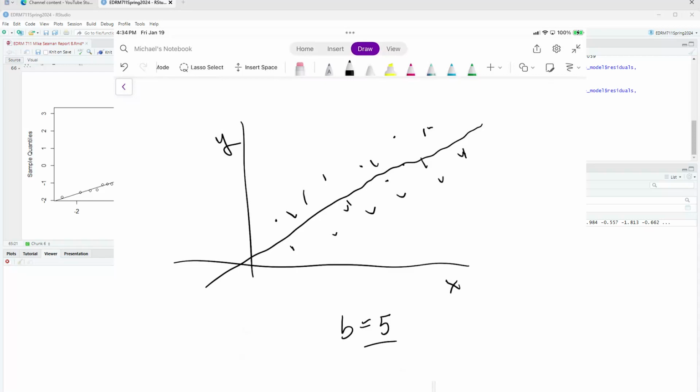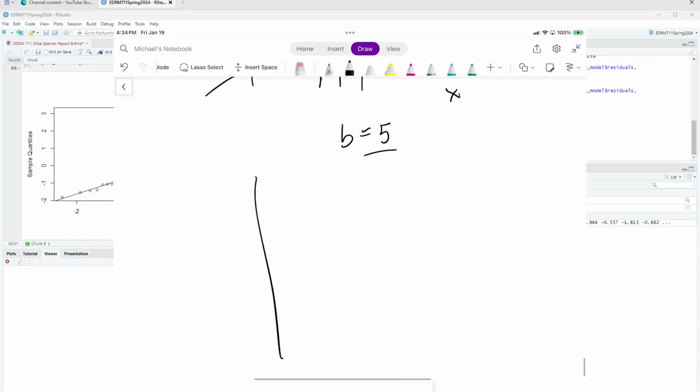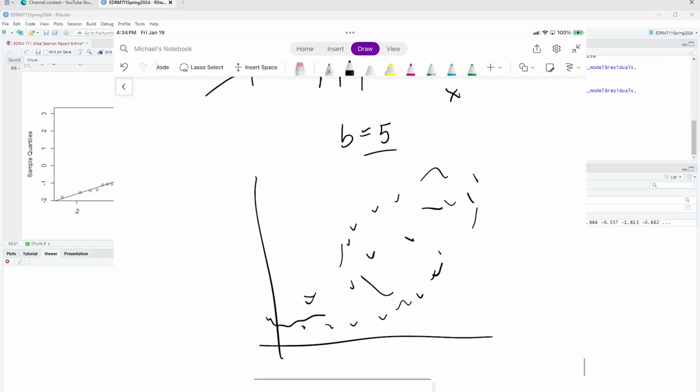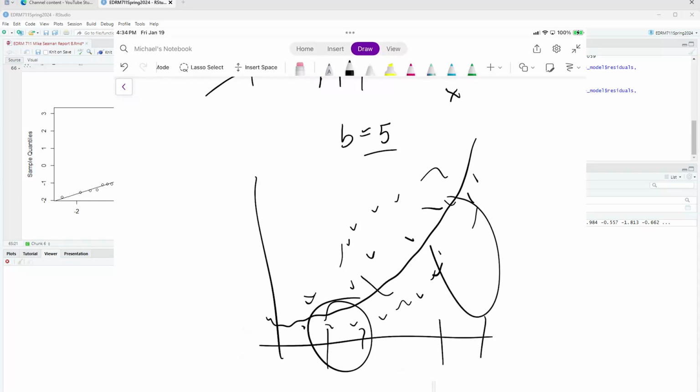What we say is that for each unit change in x, we're going up 5 units in y. Well, wait a minute now. If you had something like this, where it was curvilinear, would it make sense to say that for every unit change in x, you go up 5 in y? Because down here, the change is not nearly as much as it is up here.